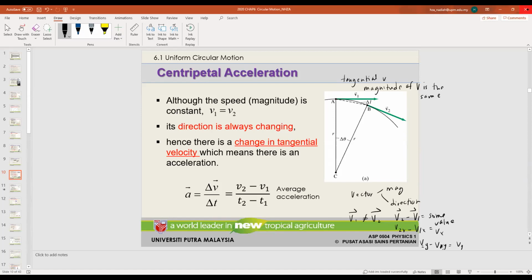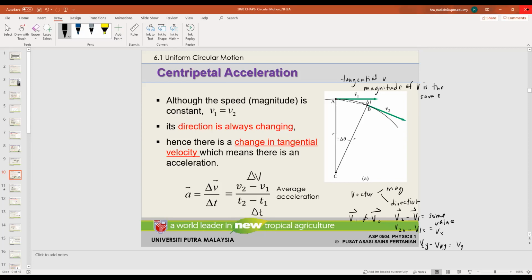Okay, so that is how we have delta v over here. So when we have a delta v, which is our tangential velocity that keeps on changing over this circular motion, and it is over time, which is delta t, we have average acceleration, right? We've learned this before. When we have a change in velocity over the change in time, we will get acceleration.